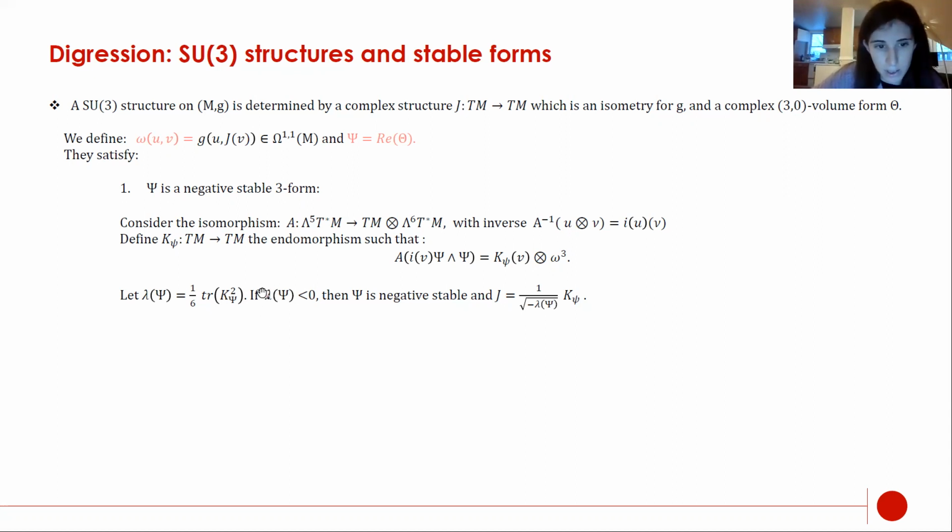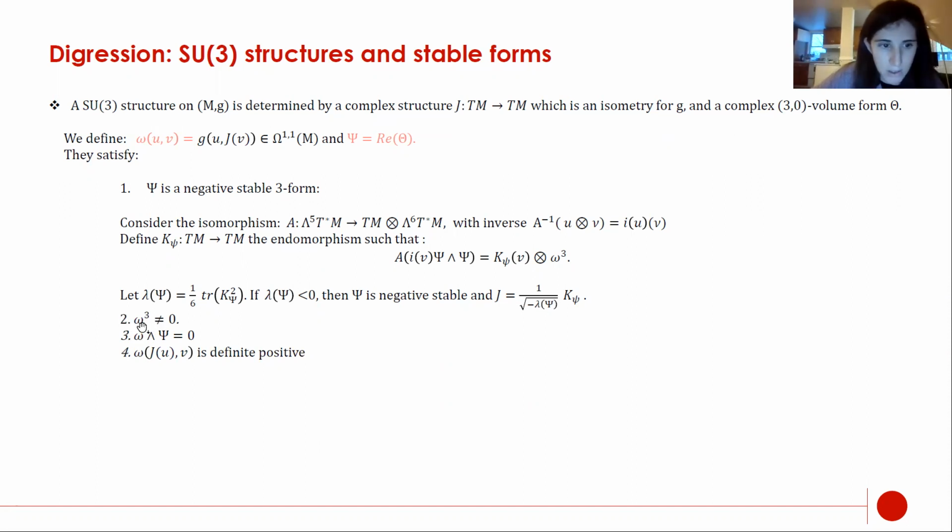And if this trace that I'm denoting by lambda is negative, then psi is negative stable, and one can write the complex form using K psi and lambda. And the other conditions are more or less obvious.